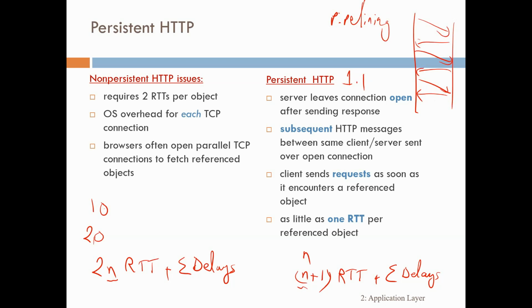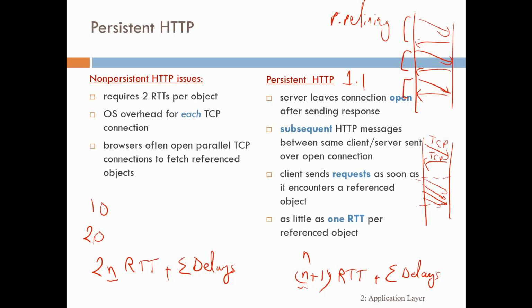Now, what is happening is that you have one RTT for the TCP connection request and response, and then you have one RTT per object. With pipelining, first you open the TCP connection. Then, in a single round trip time, you can send multiple requests without waiting for the response.